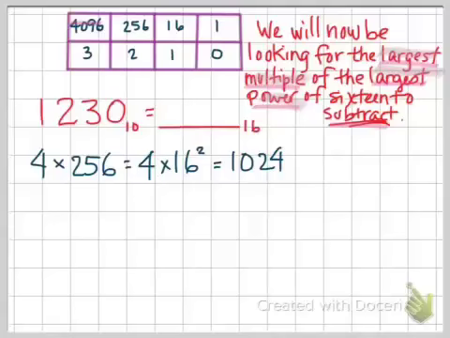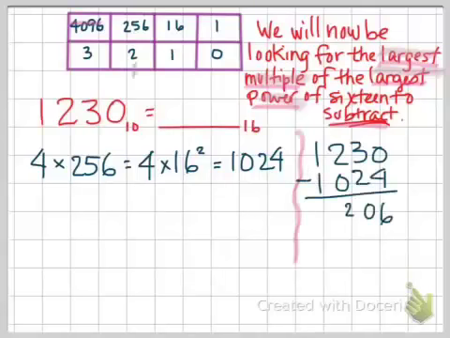So 4 groups of 256, 4 times 16 squared, is equal to 1024, which is less than 1230. So we subtract that because we're going the opposite way, and we get 206. And I put a 4 up there at the 16 squared column to indicate that that's going to be our highest place value in the base 16 number.